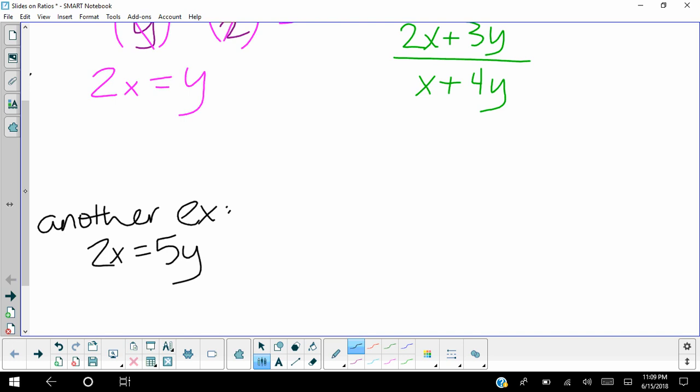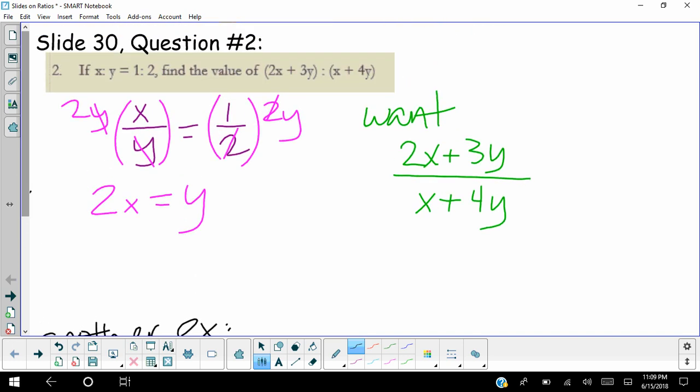In our case, knowing that 2x equals y makes it really easy, because then I'm going to come over to this part that I want in green, and I'm just going to make a note to myself that every time I see a y, instead of the y, I'm going to write 2x, because I know that that is an equation that's true based on the fact that they told me the ratio of x to y is 1 to 2. So this worked out really well that it was already solved for y, and I can just take that and plug it in.